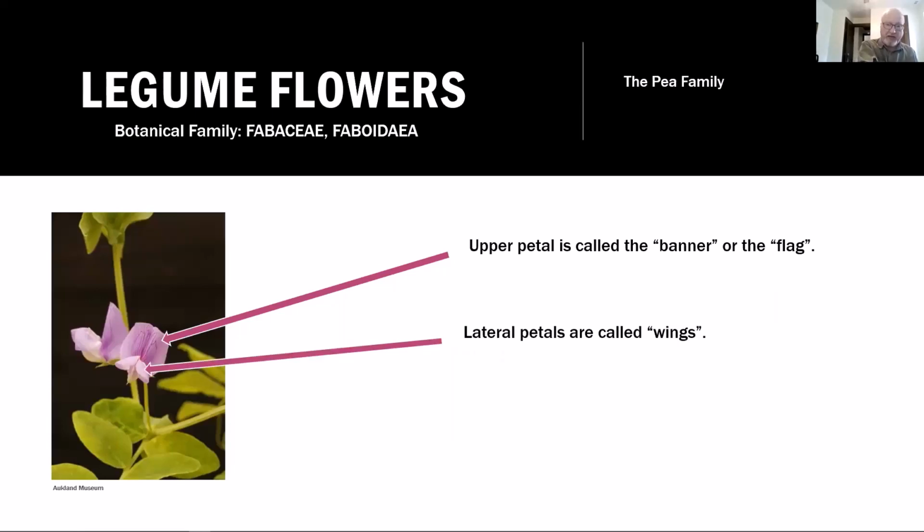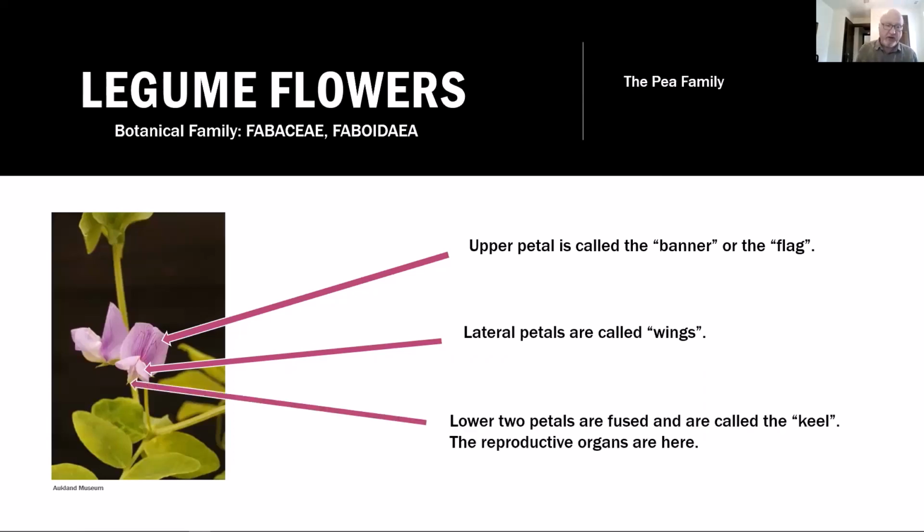Then the lateral petals are called wings, and functionally for some, like butterflies, these function as a landing pad to get to the reproductive parts, next slide, which are enclosed in the fused lower two petals, which are called the keel because it creates a keel shape. And so the reproductive parts are in there, and that's where the insects need to go to get and deliver pollen. So next slide.